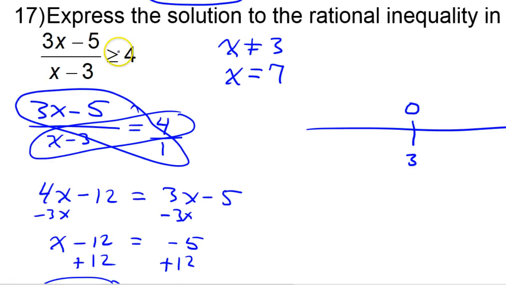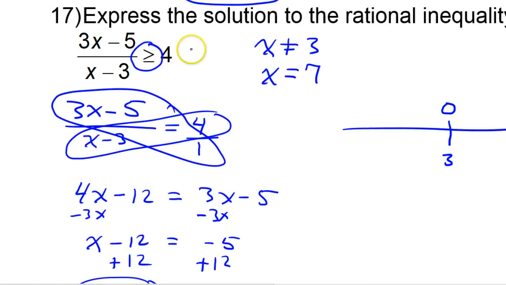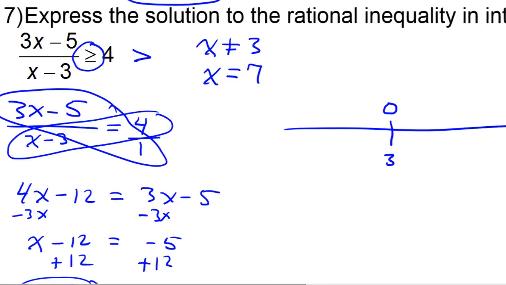It depends on this. If we want to include the boundary, so we wanted the values that are greater than or equal to 4, because we want to include the ones that are equal to 4, then we'll include it by showing a closed circle. If this had just been greater than without the equal to, I would have made it another open circle.